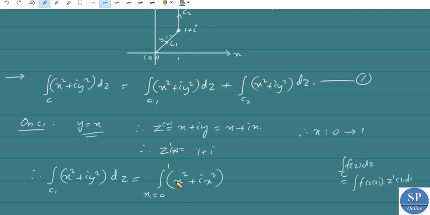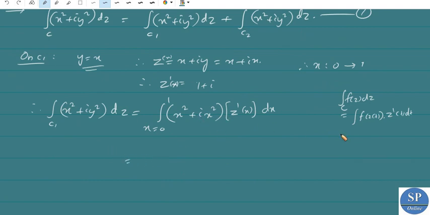But in this case we are expressing z as a function of x, so we can write this times dx.